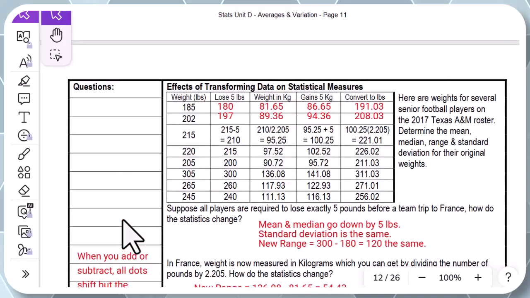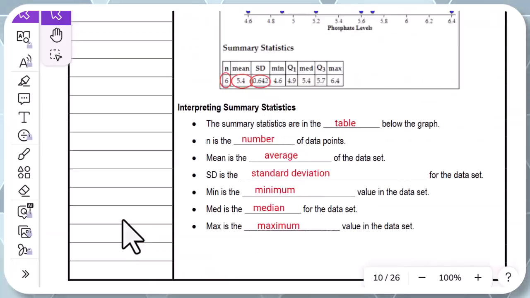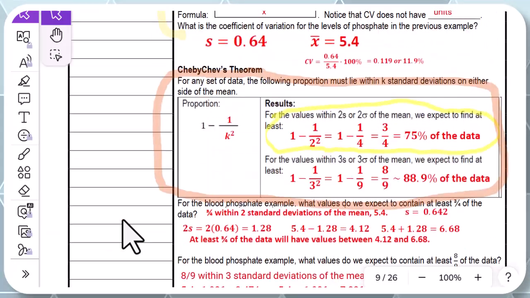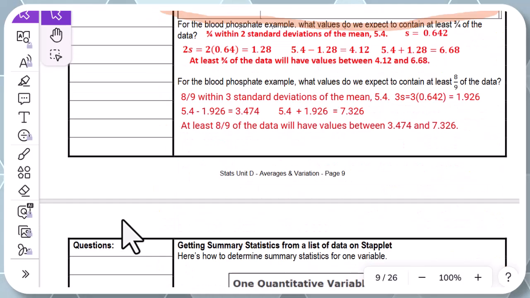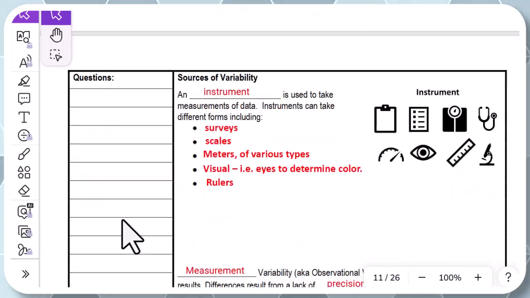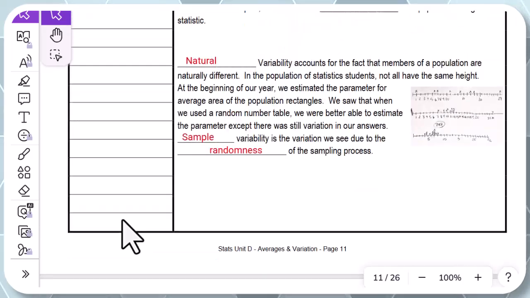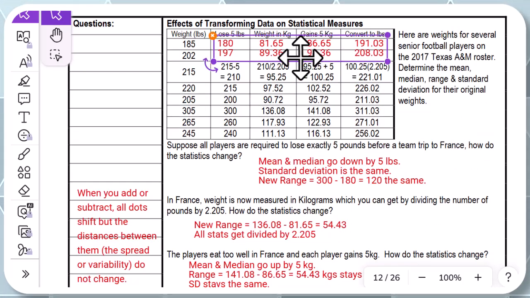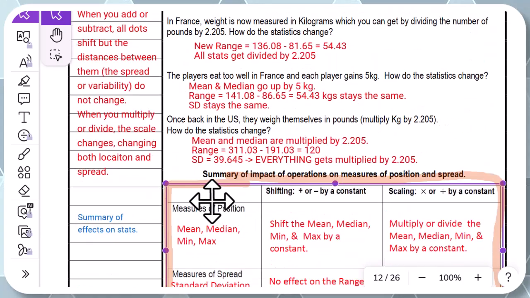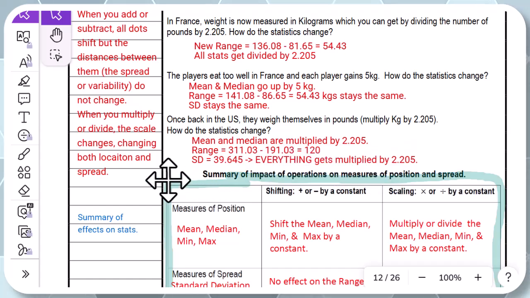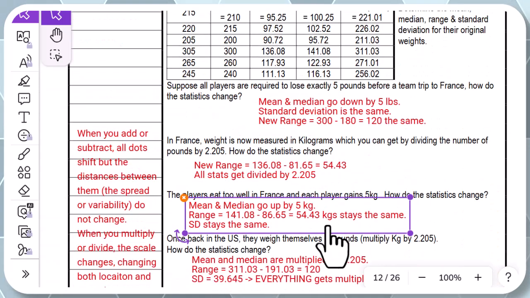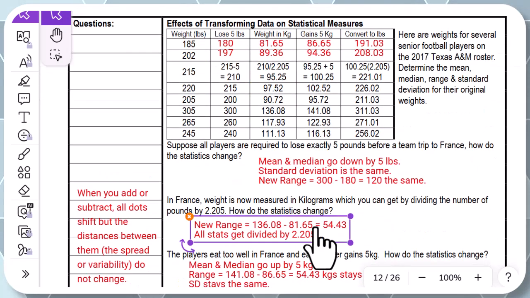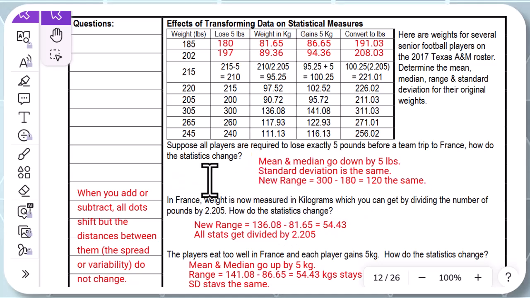So if you're adding or subtracting a constant, there's no change in spread. Why is that? Well, if I looked at this data and did dot plots, I would see that it's just shifted. So the min and the max change by the same amount. For example, let's look at the range.